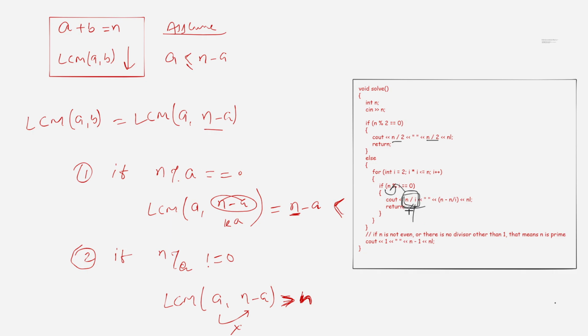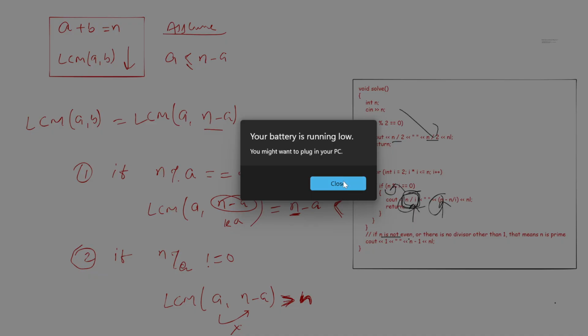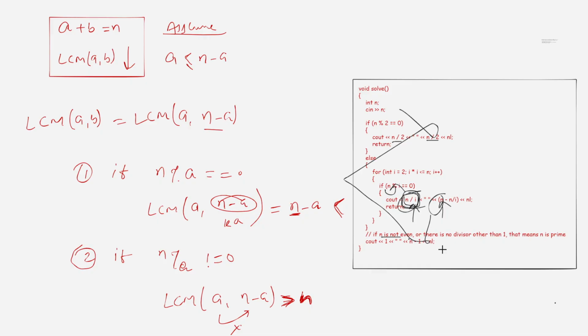And once we find the first integer, then the second integer would be n minus this number. And if n is not even, or there is no divisor other than 1, that means n is prime. So print out 1 and n minus 1.